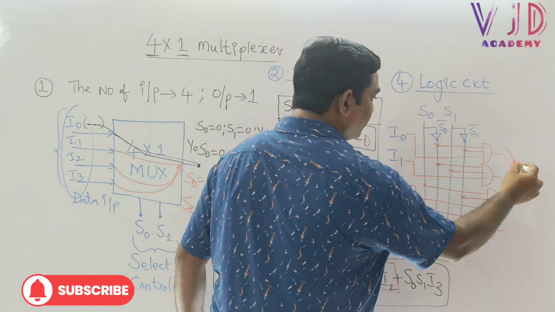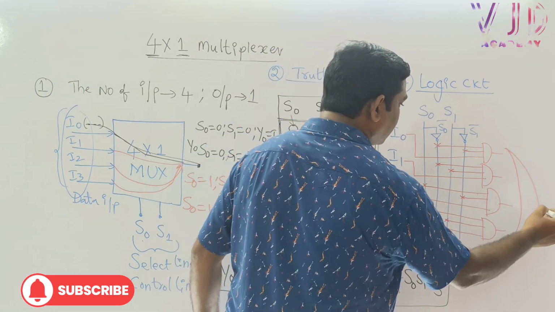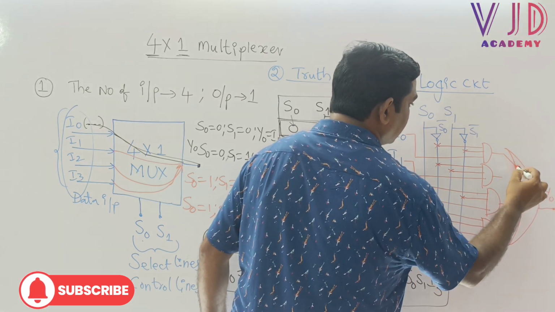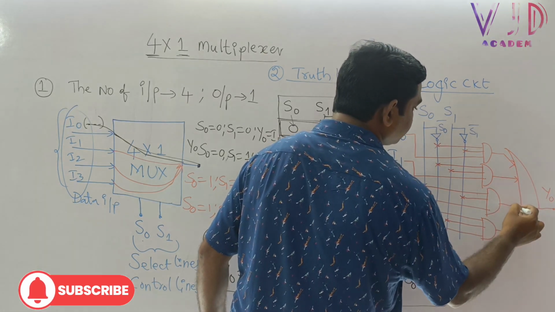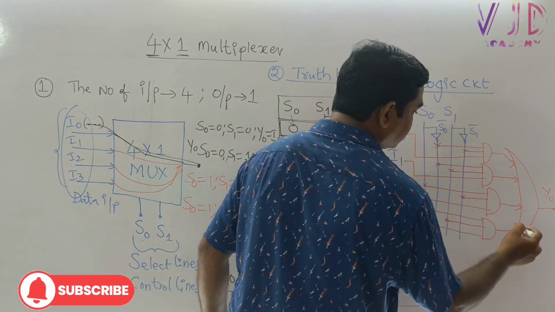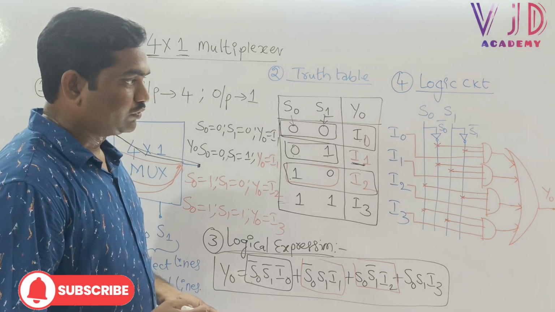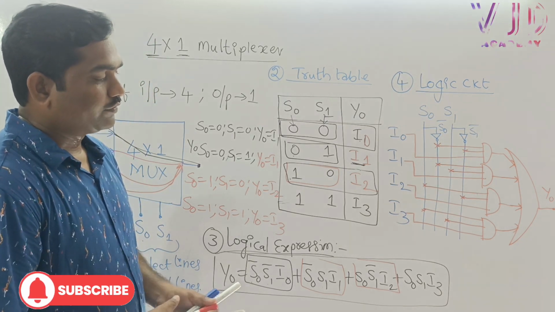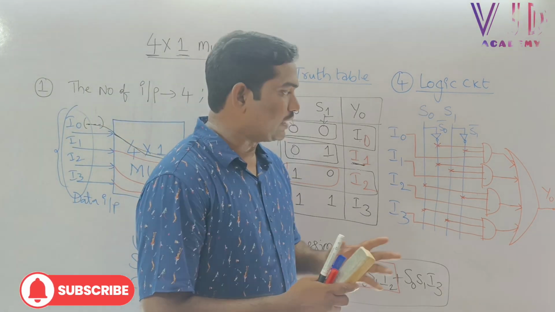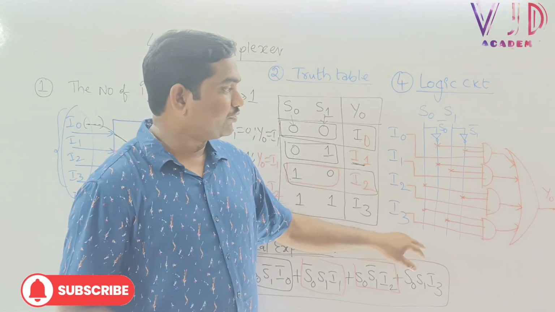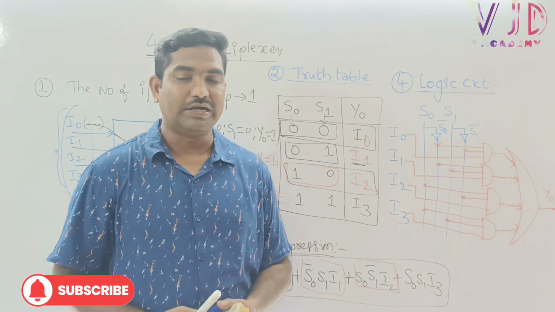For these four AND gates we draw one OR gate, whose output is Y0, because an OR gate can accept many inputs to produce an output. So we connect these four AND gates to one OR gate. This is the logic circuit diagram of the 4-in-1 multiplexer.